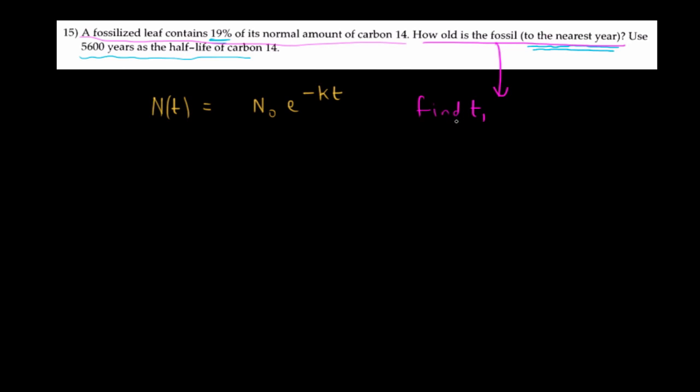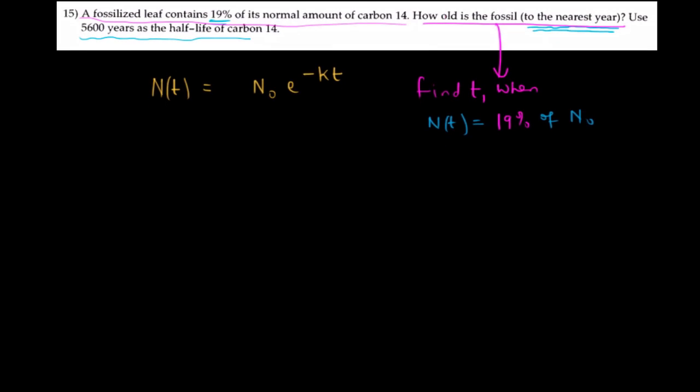Find the time when the fossilized leaf contains 19% of its normal amount. So find t when N of t equals 19% of its normal amount, that is 19% of the original amount, N naught. So find t when N of t becomes 19% of N naught. That's what the question says.